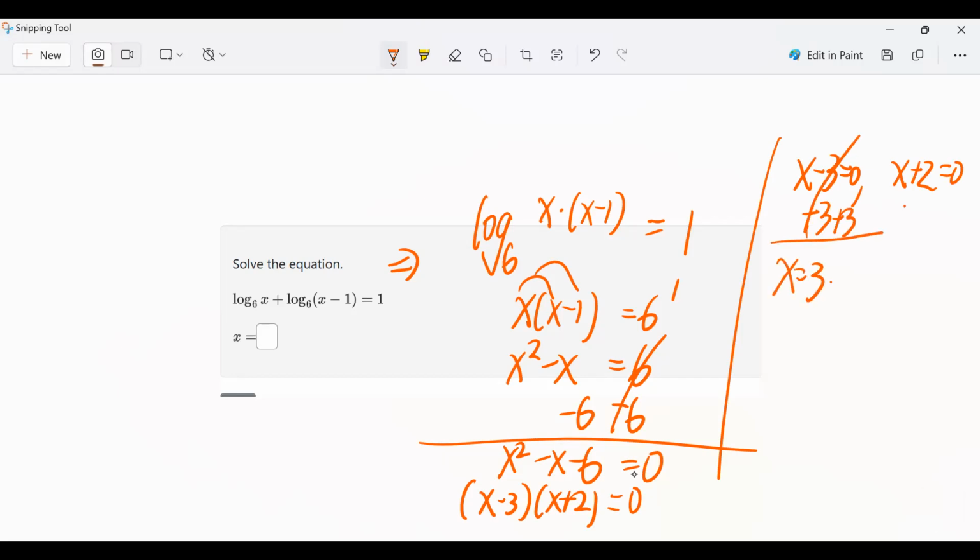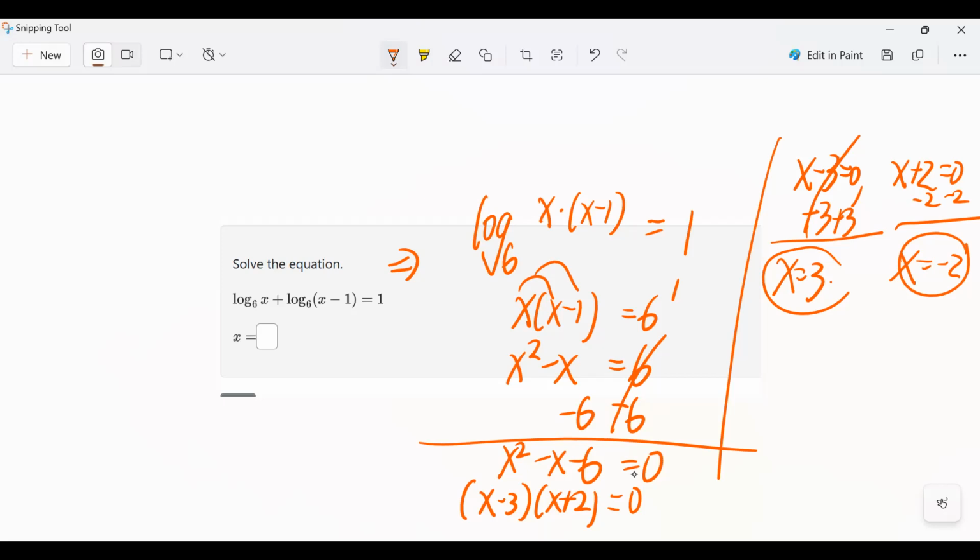And second one, you subtract 2 from both sides of the equation, then the x value equals -2. So we do have two solutions. Is that true? Not really, right? One of the solutions is not a valid solution. You see that, so you've got to check both.